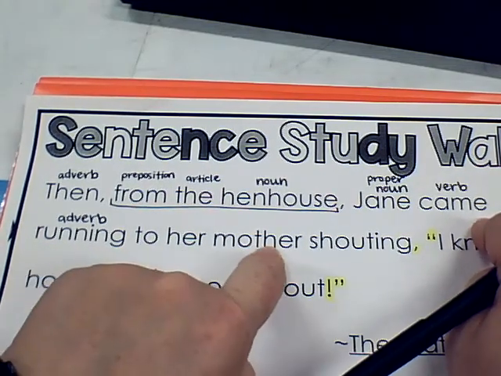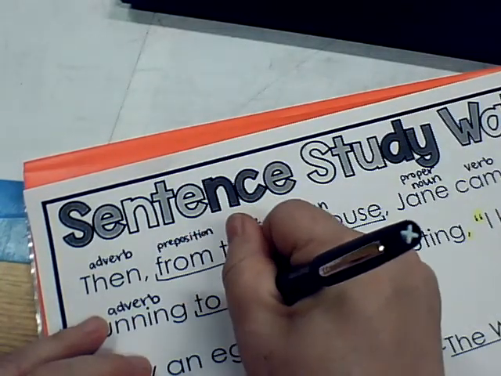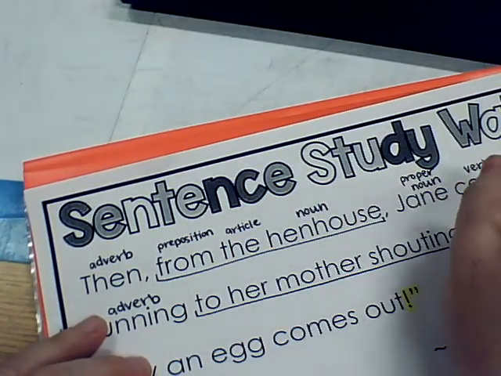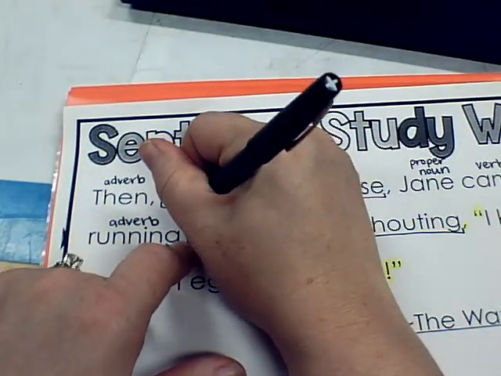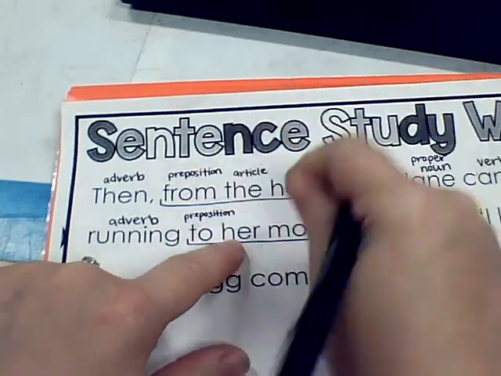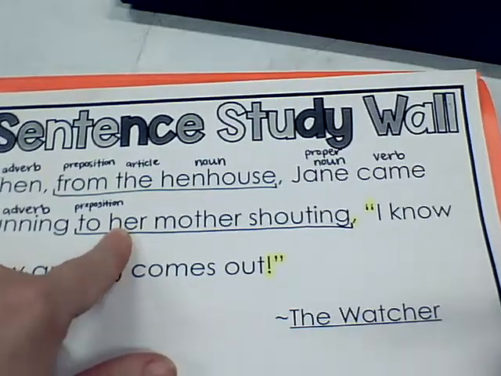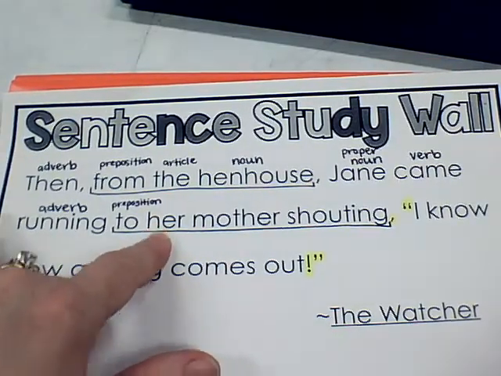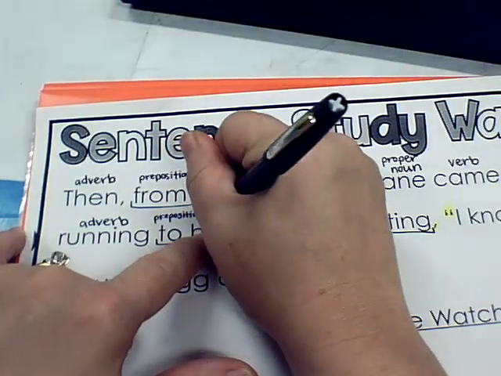To her mother. That's another prepositional phrase. To her mother, shouting. We'll just put it all together. So to is another preposition. Her. It's replacing the name Jane. And so instead of saying Jane came running to Jane's mother, we didn't want to do all that. So that is a word that replaces a noun. So that is a pronoun.